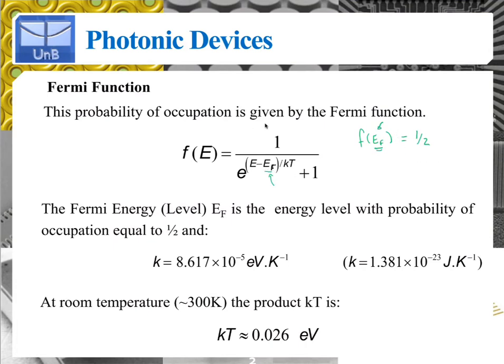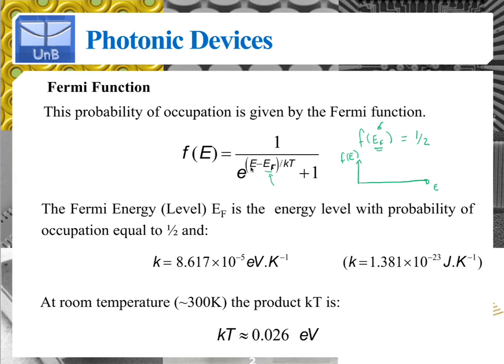And if you look at this function, it would look something like this. So you have f of E as a function of E. If the energy is below the Fermi level, this means that this exponent is going to be negative, and as E is smaller and smaller than EF, it's more negative, so e to the power of a large negative number is approximately zero.